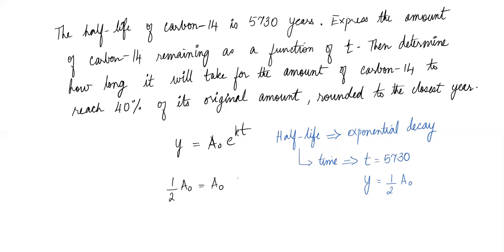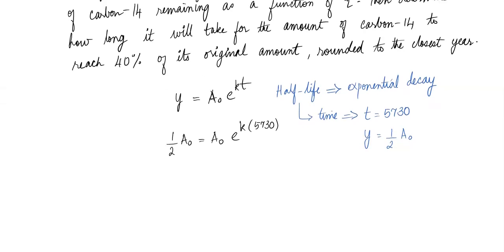We don't know what a naught is. K times 5,730. Now, if we solve for k, then we could plug that back in the equation and give a general function of time, right? So it's okay if we don't know what a naught is, because it's going to get canceled off anyway. So I'm trying to derive this.